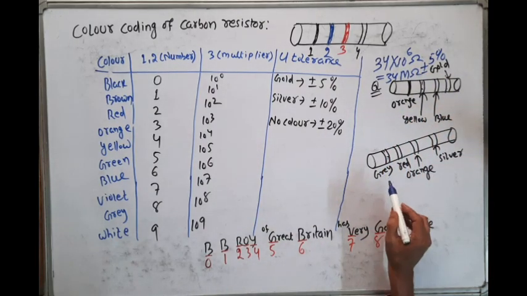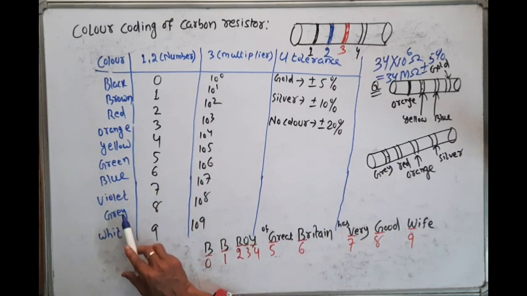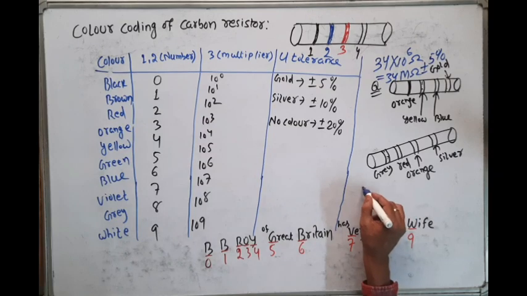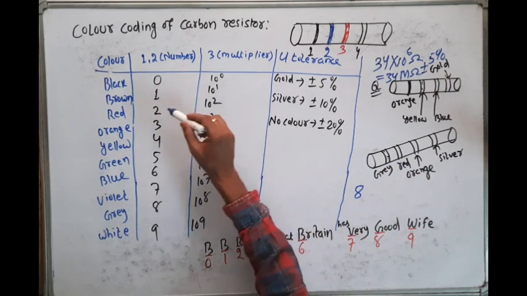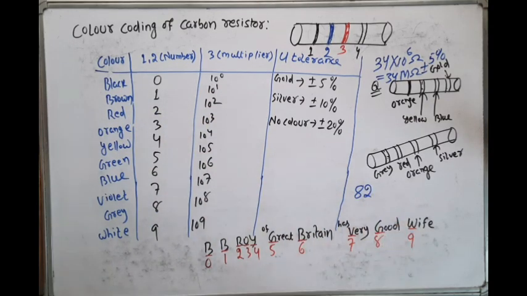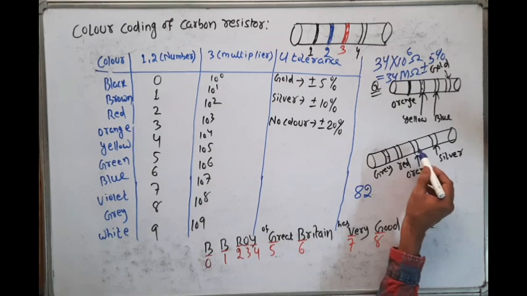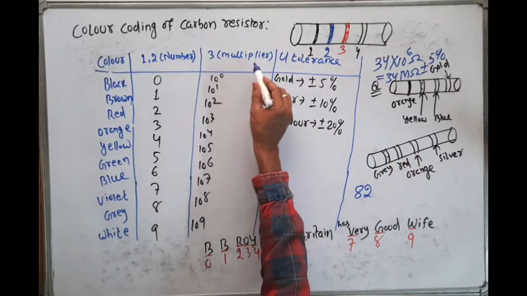Come to the next one. In this case, the first band is gray. Gray is 8. So the first number is 8. Then the second number is red, and red means 2. So the second number is 2. Then the third band gives the multiplier.